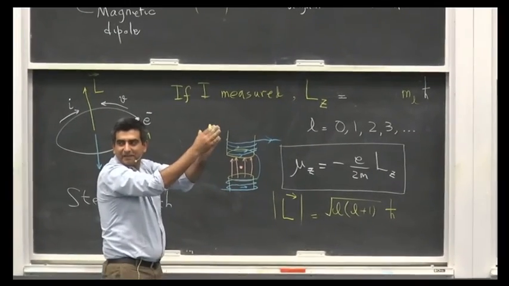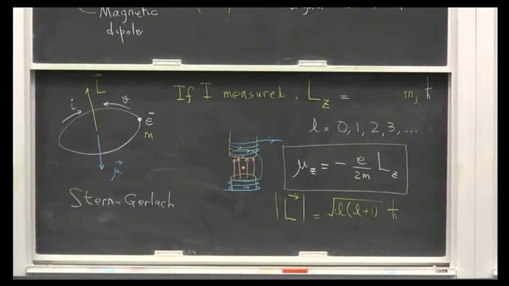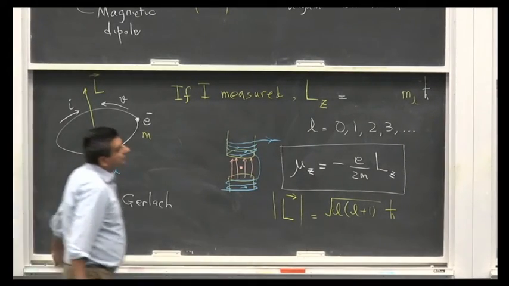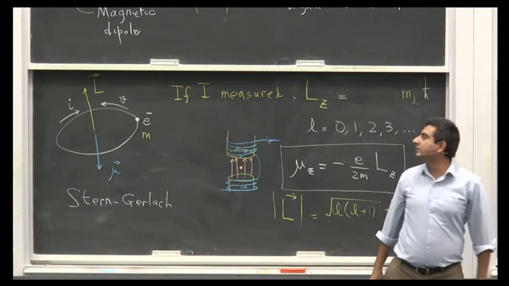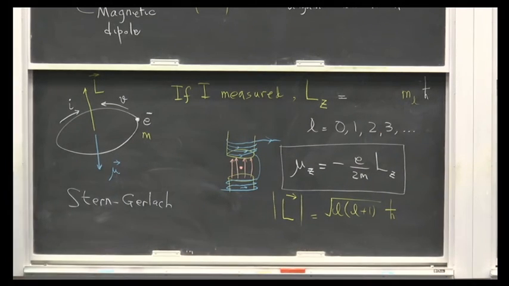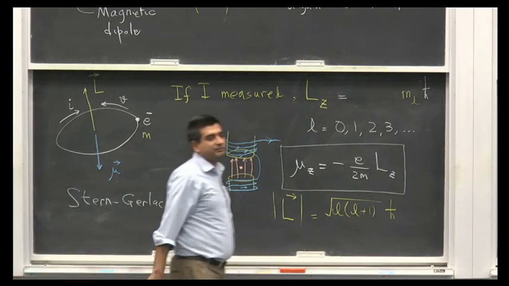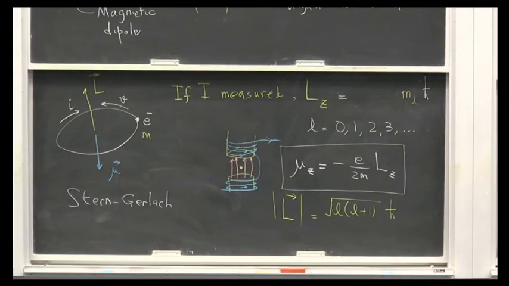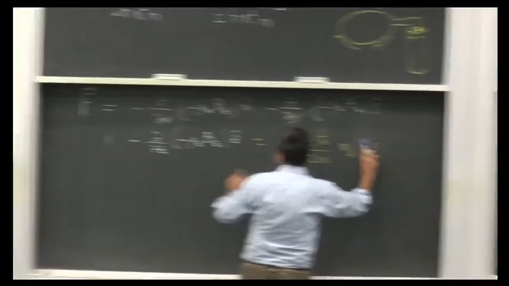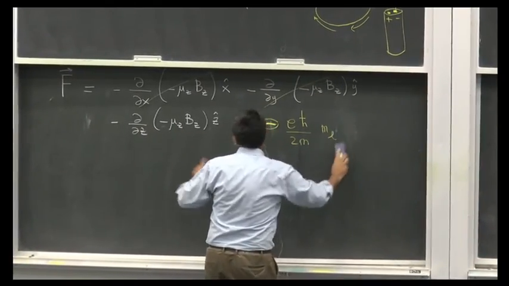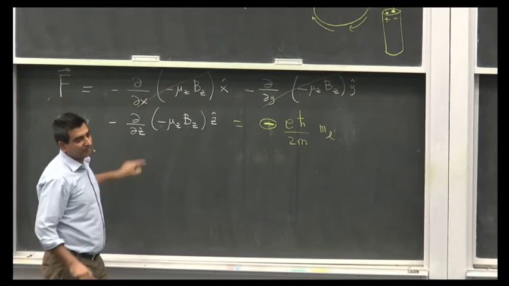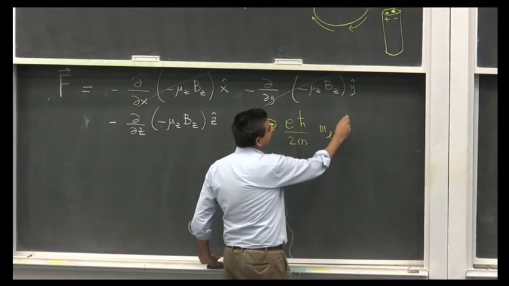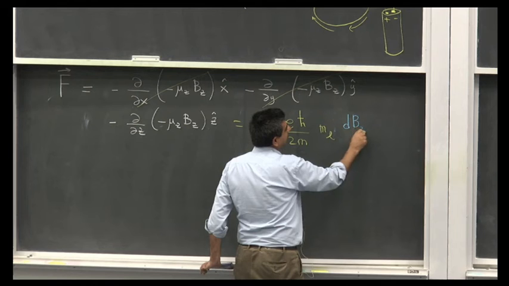Okay? Now what you do is you place, sorry, I forgot, sorry. Bz is also constant. Oh, sorry, taking the derivative, so it's the derivative of bz with respect to z, which I can write as dbz over dz.